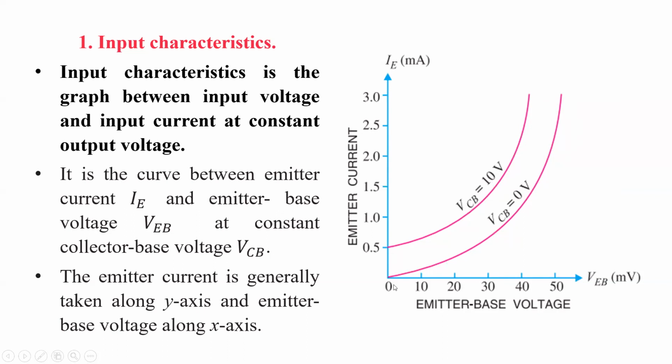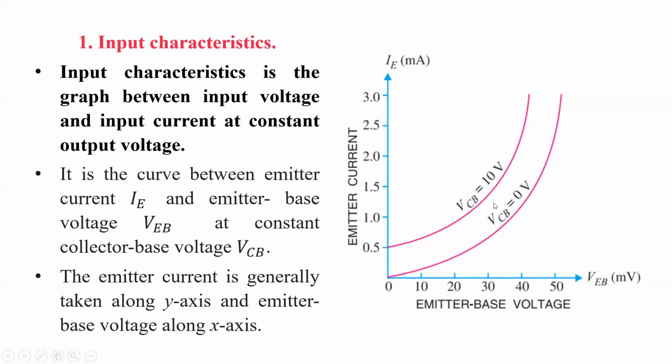This is how the emitter current and emitter base voltage are related to one another in the input circuit. Usually the emitter current is taken along the y-axis and emitter base voltage is taken along the x-axis. We have shown here it is in millivolt and this is in milliampere. A very small change in emitter base voltage can cause a large change in emitter current.